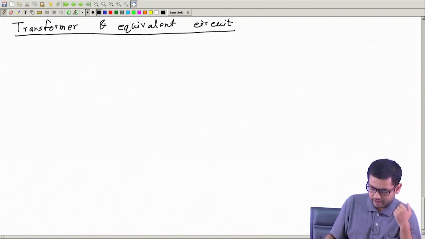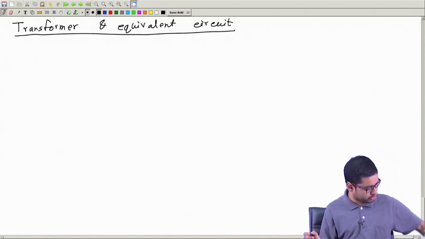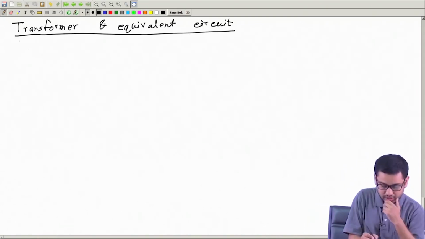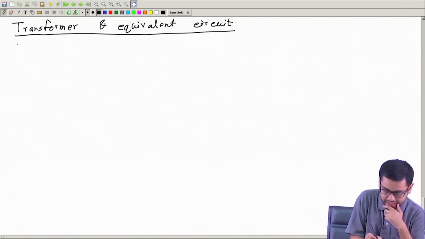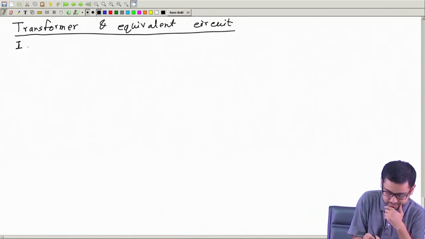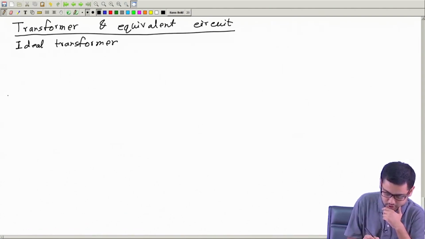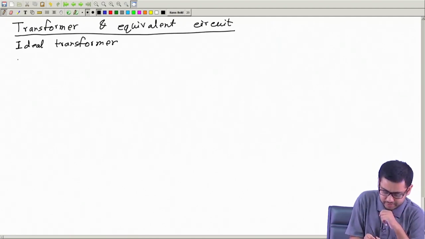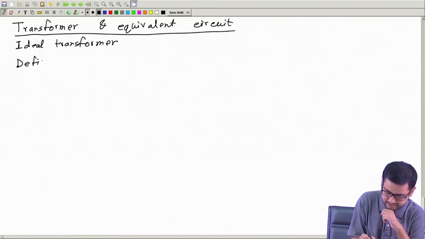Okay, we will start this talk with the ideal transformer. Okay, what is an ideal transformer? Let me give a definition.